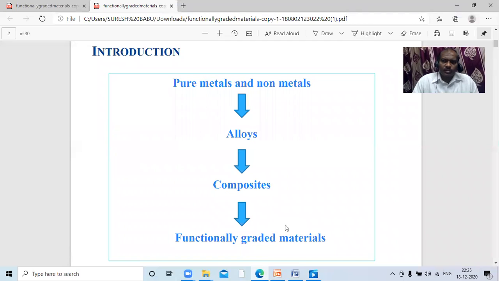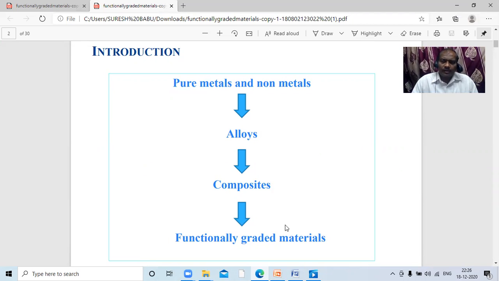from the fundamentals of metallurgy, basically there are metals and non-metals. Among metals, pure metals have a certain importance, but pure metals do not satisfy the needs and desires of the industry as well as the society. From pure metals, we have derived alloys.